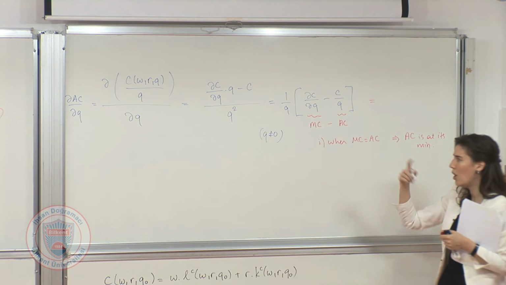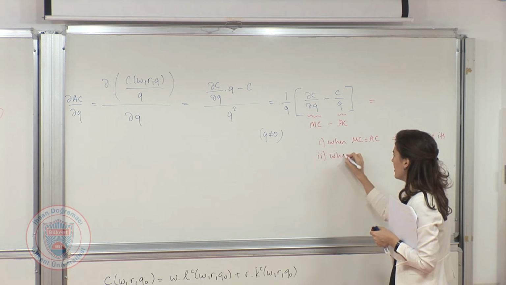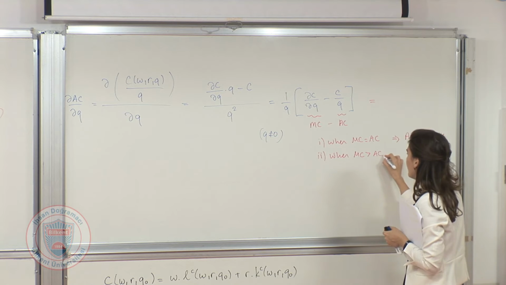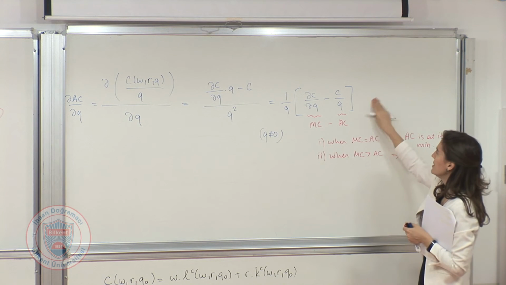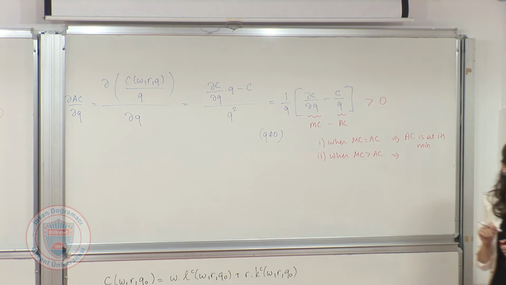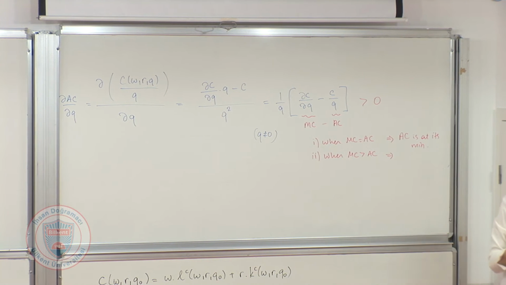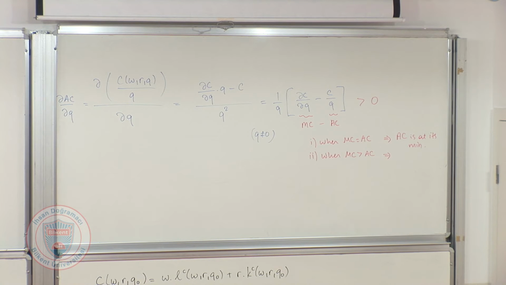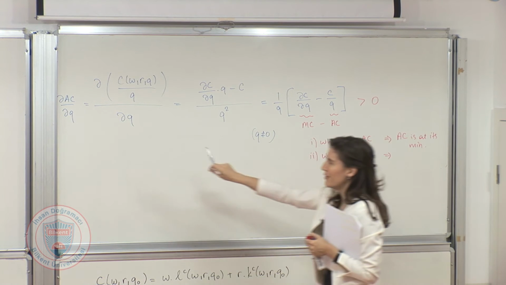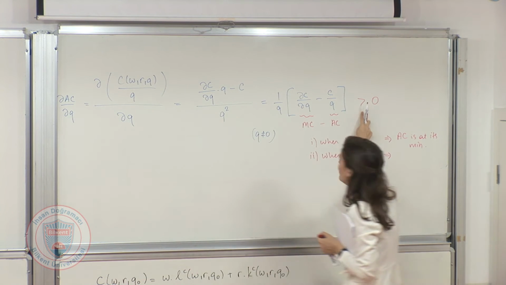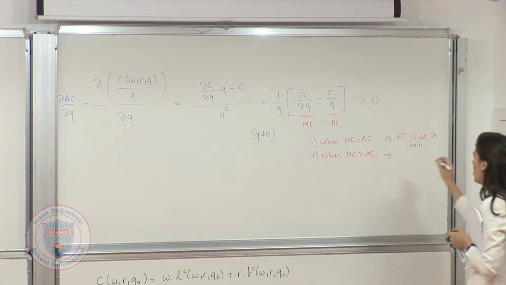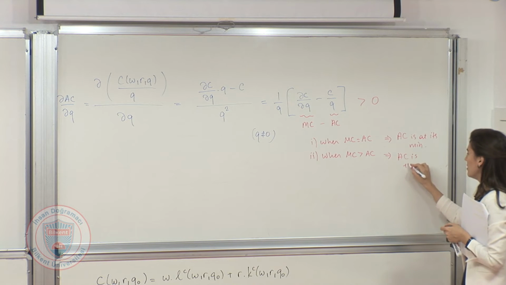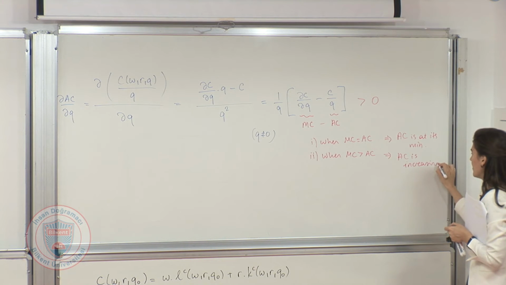So that's what we know. And when marginal is above the average, what's happening to the average cost? This term would be greater than 0, which means that the derivative of average cost is positive, so average cost is increasing, okay?